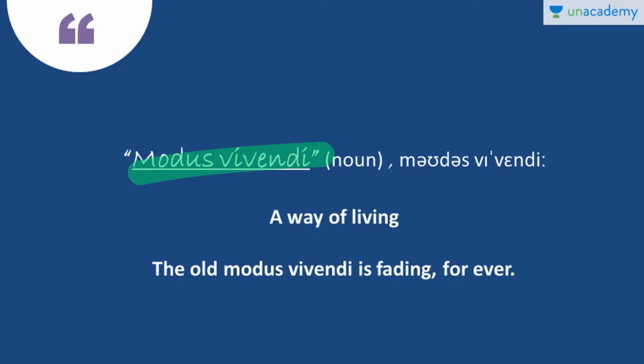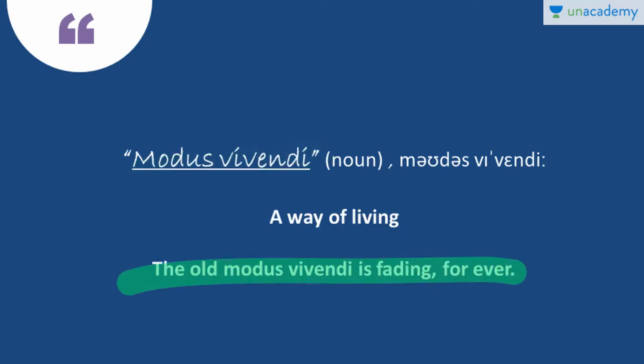For example, the old modus vivendi is fading forever. Obviously, when we keep on increasing in terms of our age and experience, we always feel that the life which we used to live when we were a child and the life which we are living right now are a lot different.